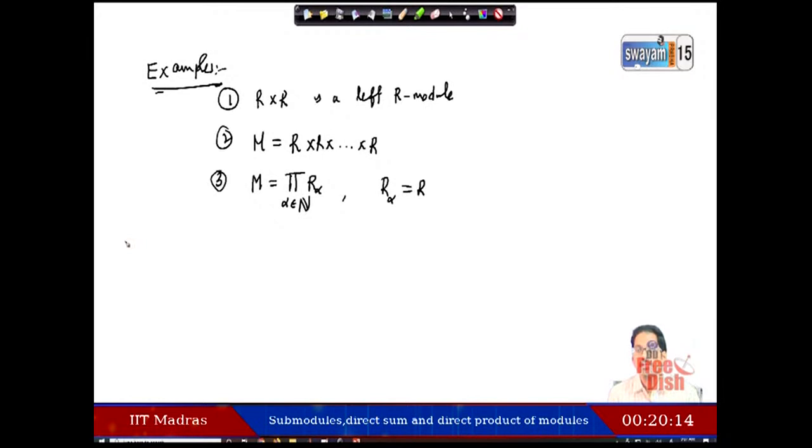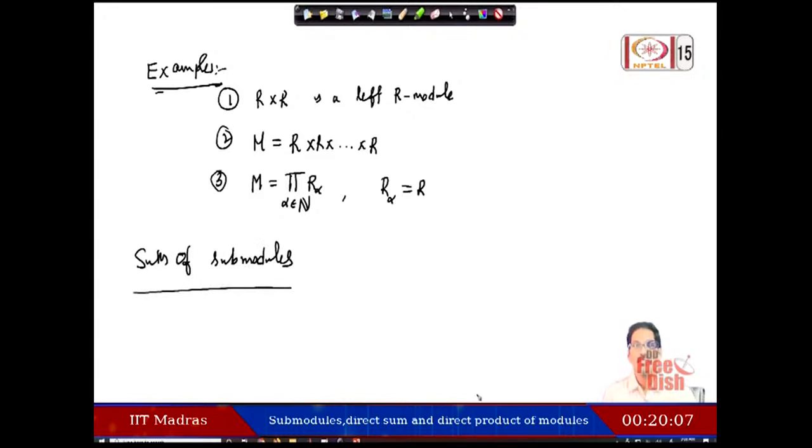So, now let us come to the sum of submodules. Okay, sum of submodules. So, let M be a left R module, where R is any ring.